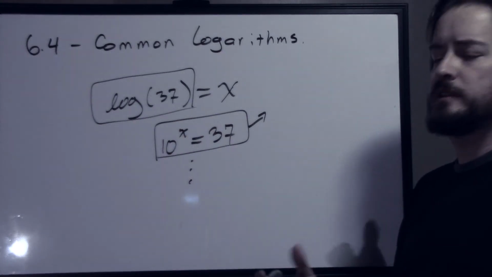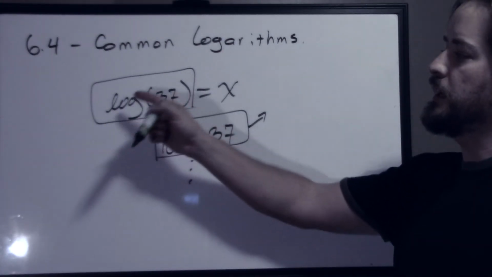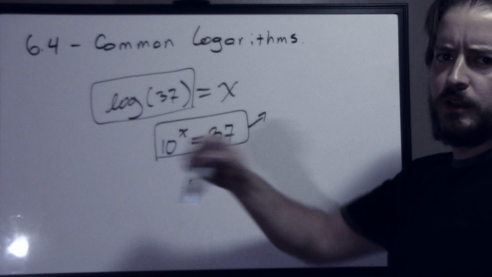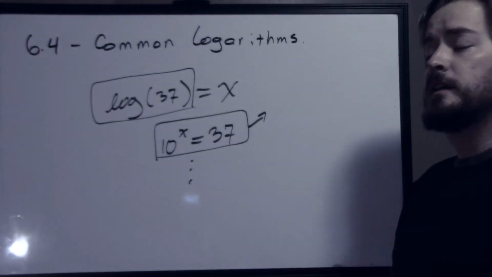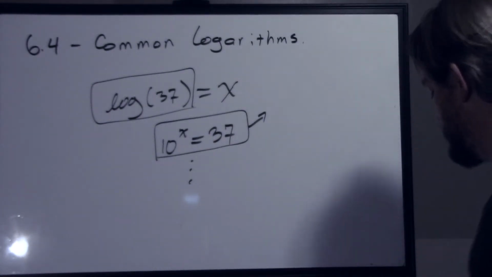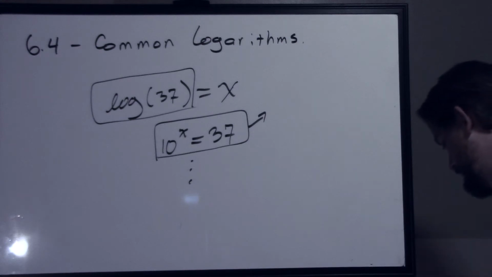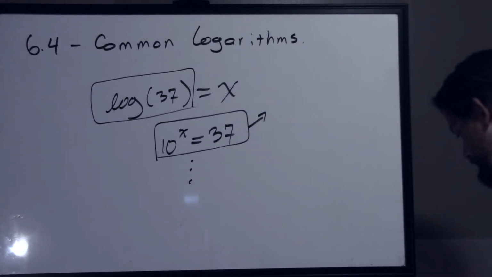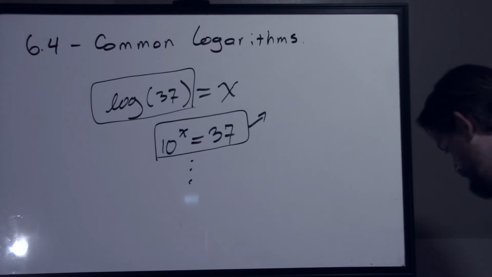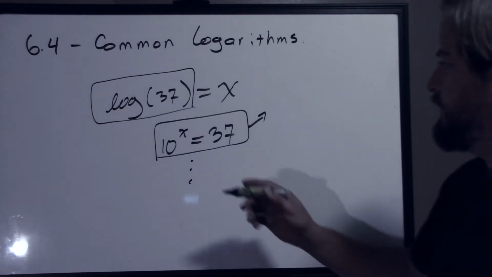So grab your calculator, find your log button, and just type log of 37. However that happens, some calculators you have to hit 37 and then log, because when you hit log it executes the command. Depending on your calculator, though. So if I take the log of 37, I get somewhere around 1.56.